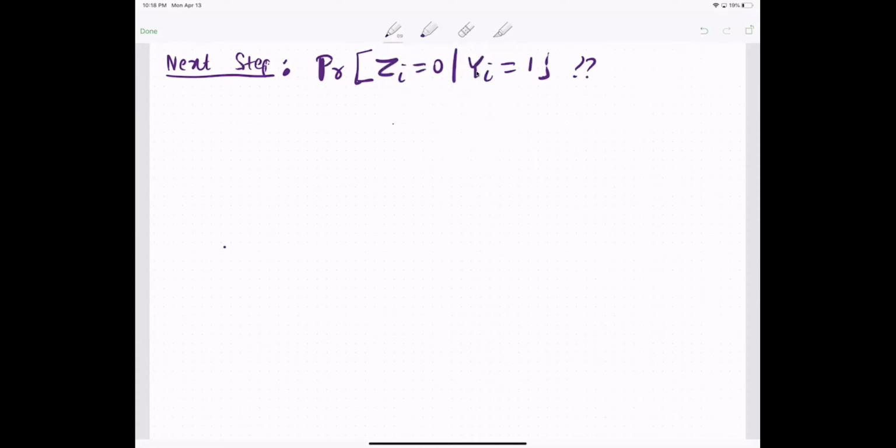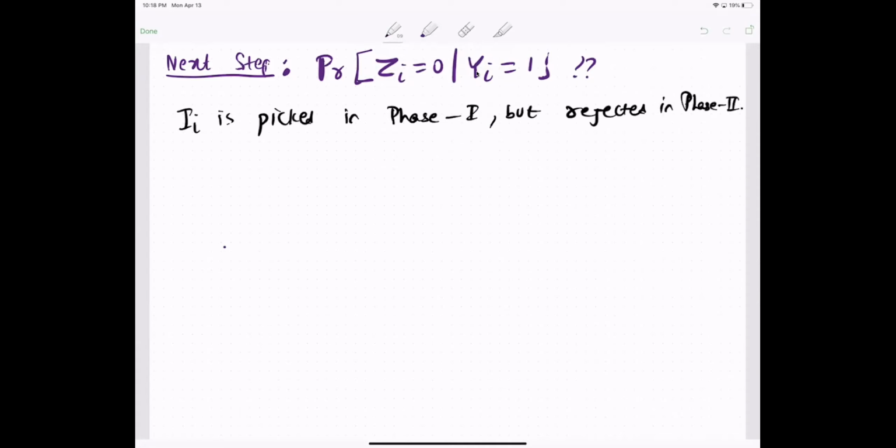Right, so that means Ii is picked in phase 1 but rejected in phase 2. Right, so this is being looked at here.